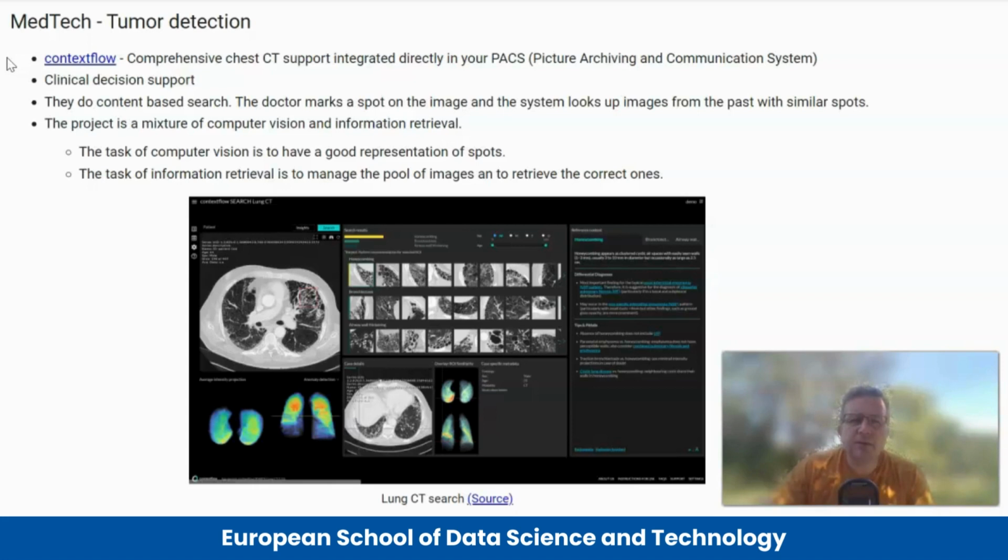It has a huge database of X-rays and CTs from the past, maybe with a patient history. So if you have an image from the past, then it has a diagnosis, and it probably has a history, which can tell us if the diagnosis was correct or not.